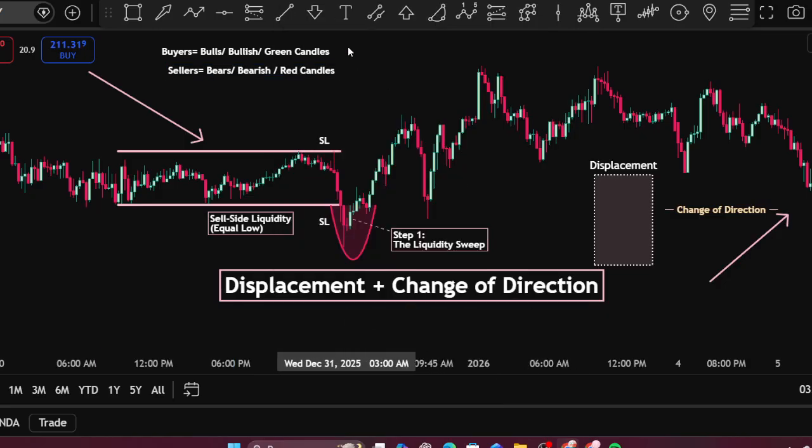If you classify them as the color of the candle, that's the simplest form to describe them.